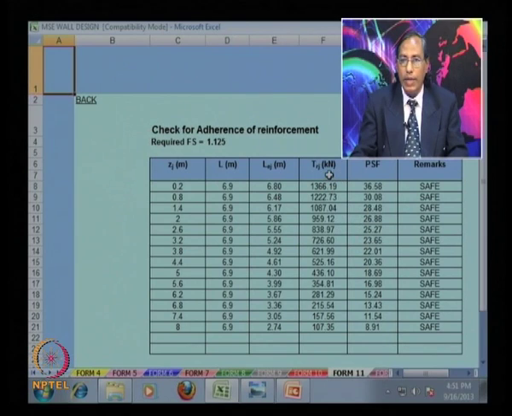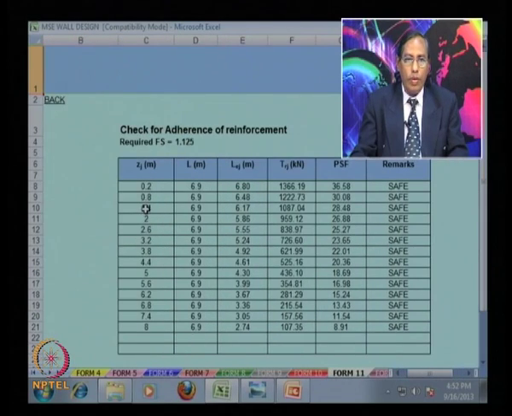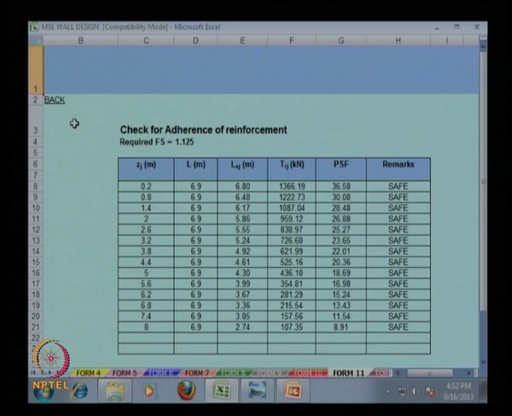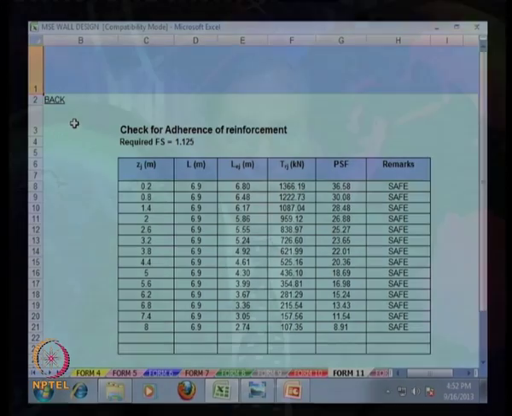Then Trj is 1366.19 kilonewton decreasing to 107.36, and the partial safety factor is 36.58, decreasing to 8.91. So your requirement is 1.125, so it is safe. The check for adherence of reinforcement is also safe.